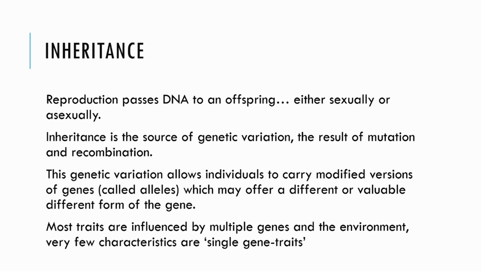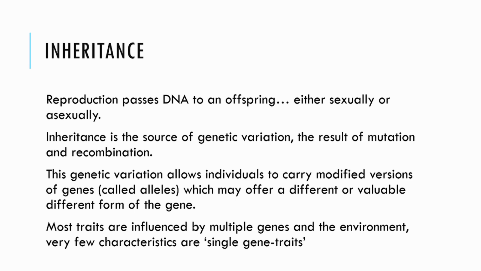This genetic variation is the result of both that recombination process as well as mutation, which we'll talk about in a little bit. The variation we have allows for individuals to have different versions of genes we call alleles that can create different combinations or different valuable forms of these genes.